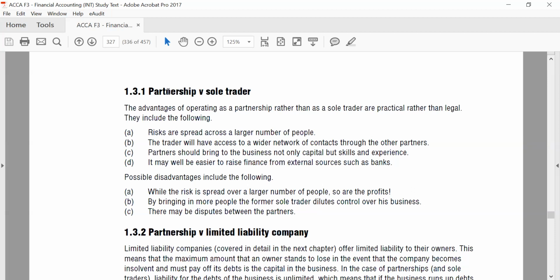So here they're telling us partnerships versus sole traders. We can see risks are spread since it's many people dealing with the business together. Then we have access to wider contacts.